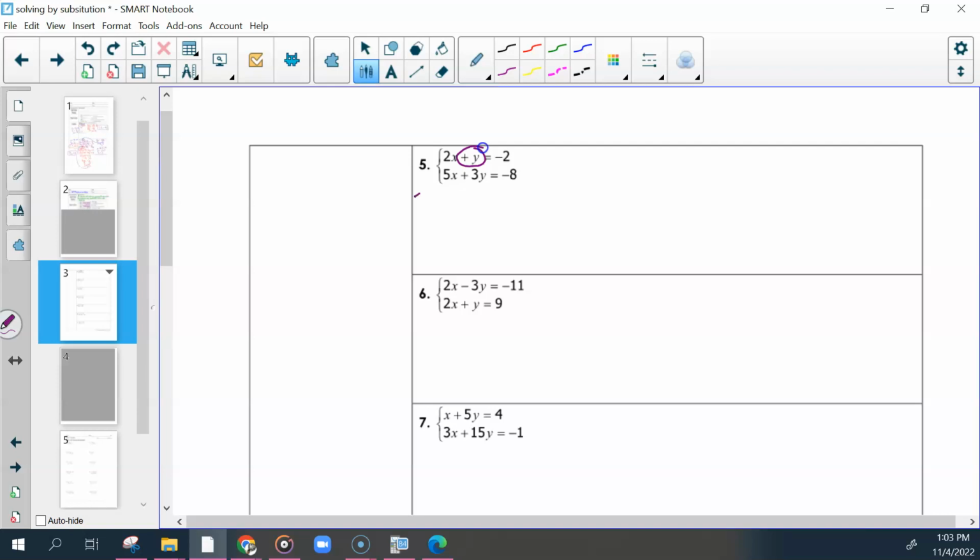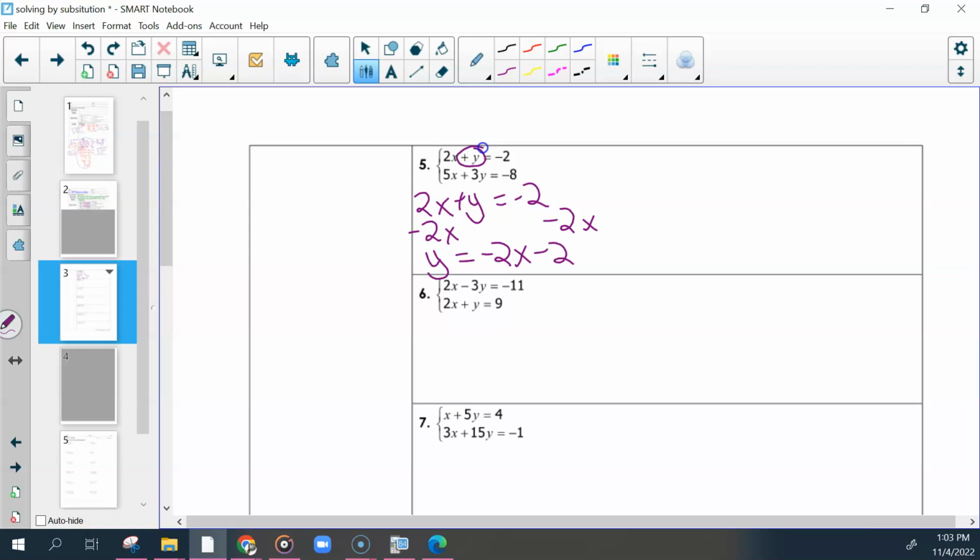So I'm going to rewrite this equation down here. And we want to get y by itself by moving the x term away from it. So we're going to subtract 2x to the other side. So now we have an equation where y is by itself.